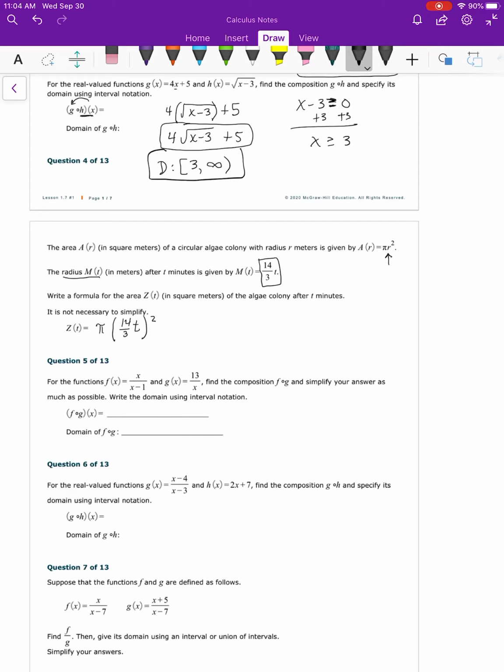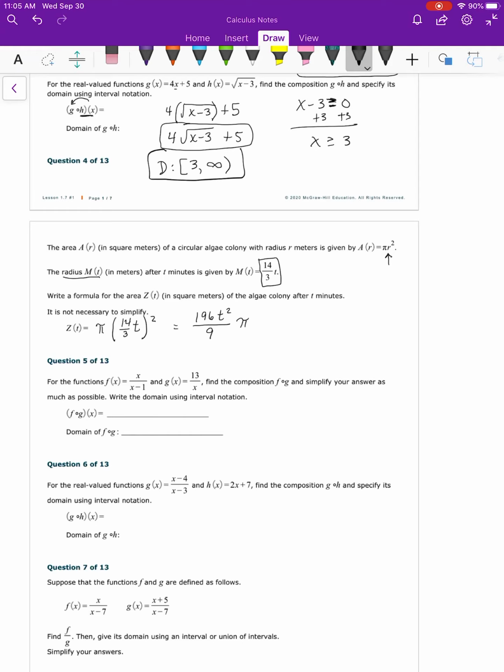And they said we need not simplify, but if I was doing this problem, I'd probably take 14 and square it. I get 196, so this is going to be 196 t squared over, and then I would take the 3 and square it, 9, and then pi.